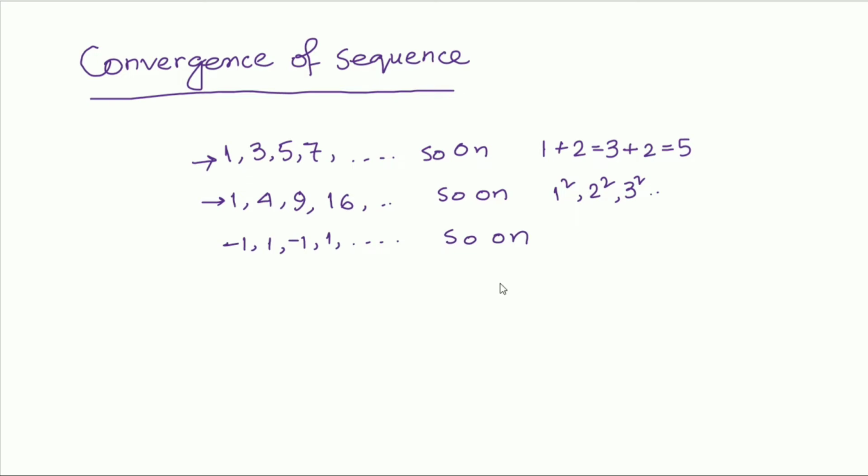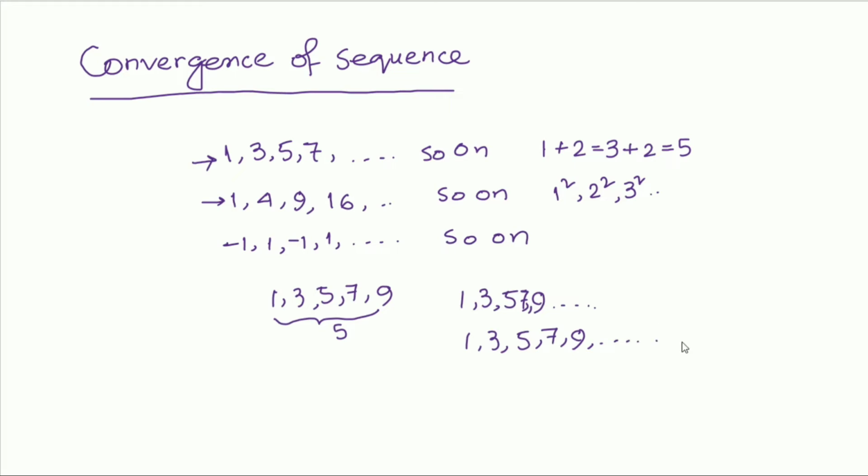If a sequence has finitely many numbers, like 1, 3, 5, 7, 9, there are 5 numbers, so this is a finite sequence. For 1, 3, 5, 7, 9 and so on, we don't know how many numbers there are; there are infinitely many numbers, so this is an infinite sequence.